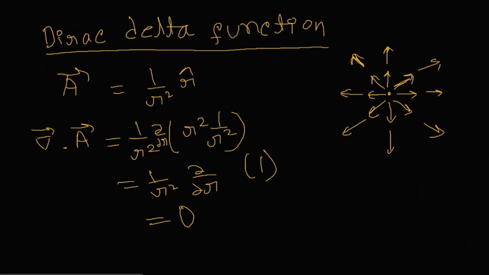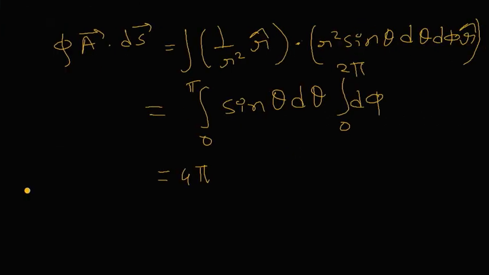Because we already got that the value of divergence is 0, if we take the volume integration of this function, that will also be 0, as the del dot A or the divergence is already 0.